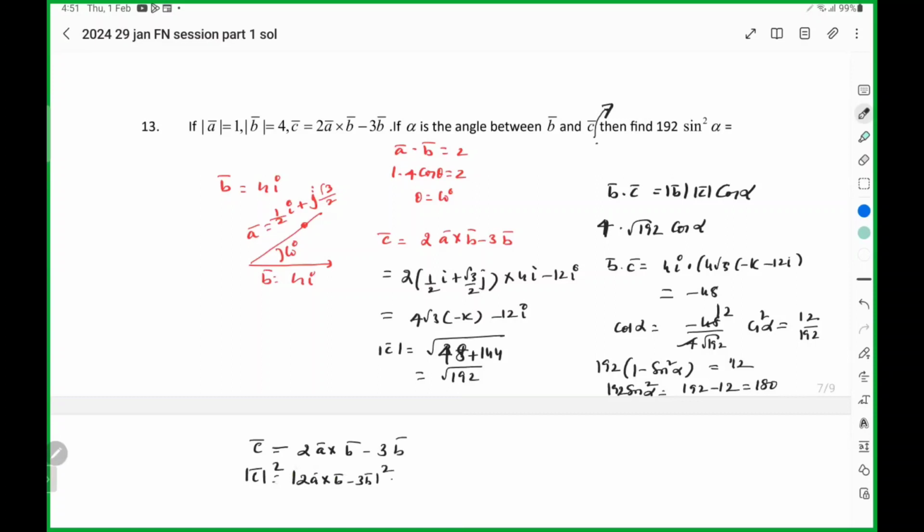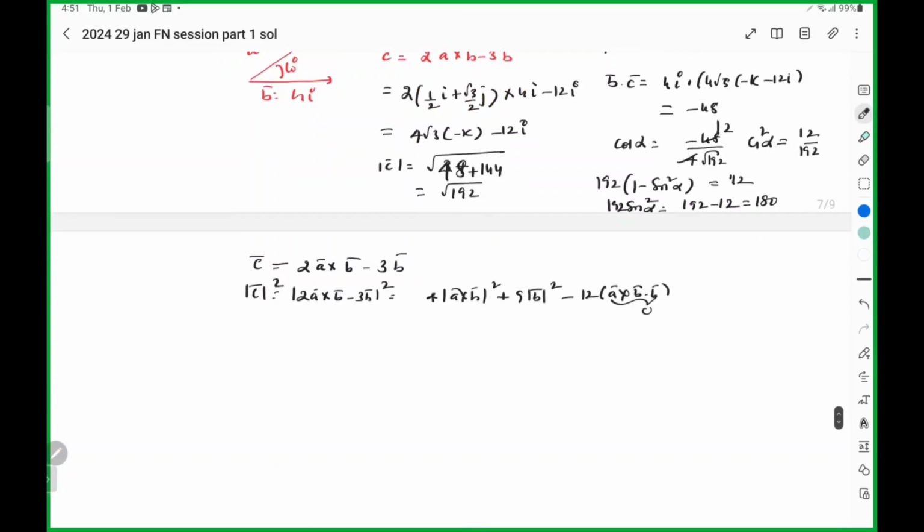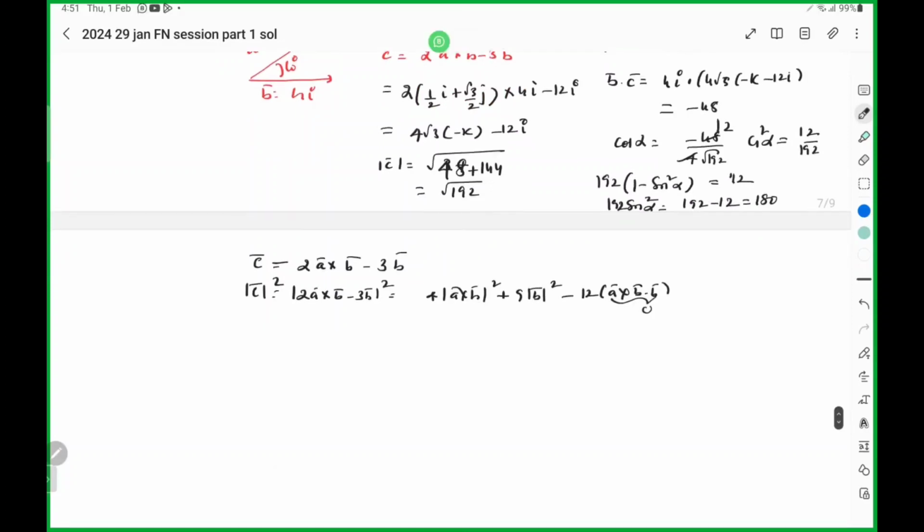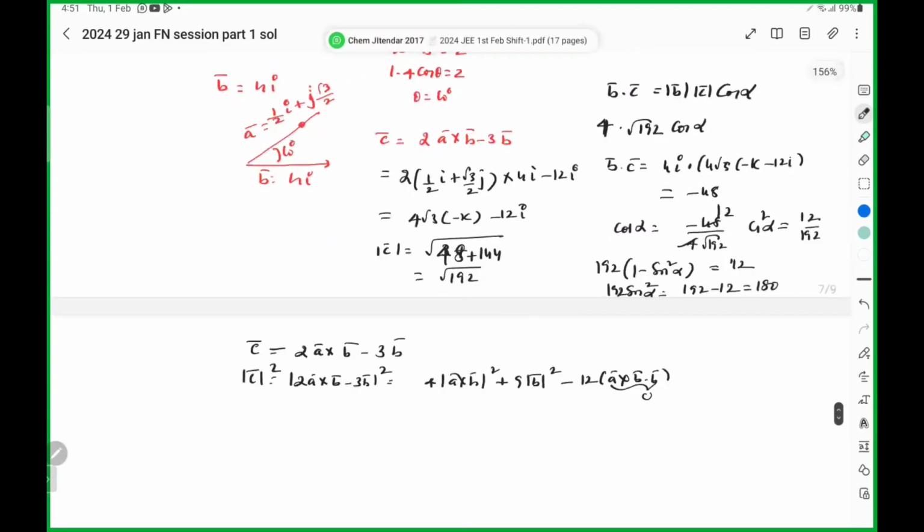Square it. 4 times mod of A cross B whole square minus 12 A cross B dot B. This is a triple product; two vectors are identical, so it is 0. Here it is 4 times mod A square mod B square sine square theta plus 9 mod B square.